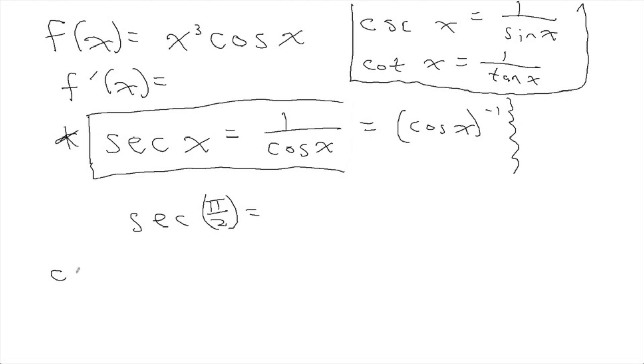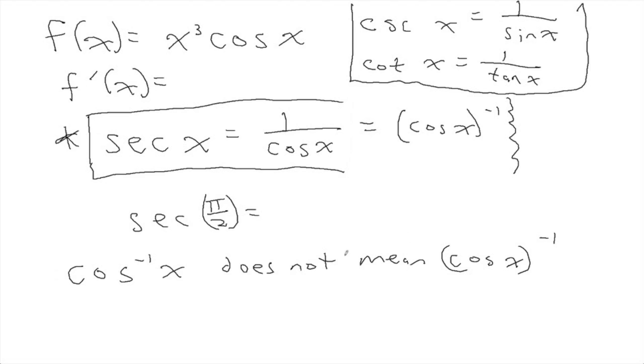So on the calculator, cosine to the negative 1 of x does not mean, it's actually quite confusing, this does not mean 1 over cosine of x.